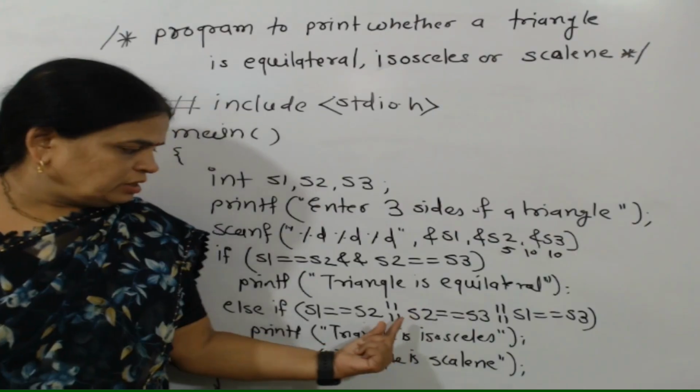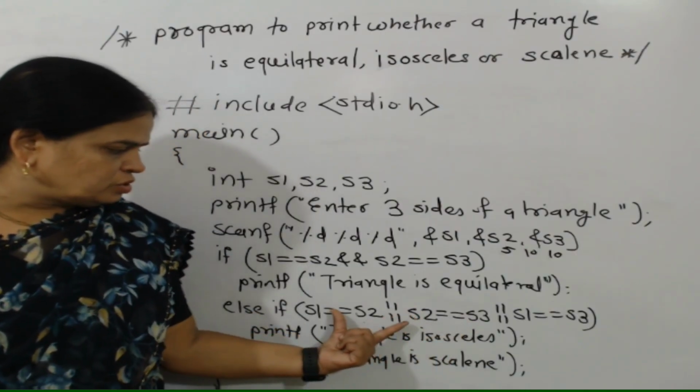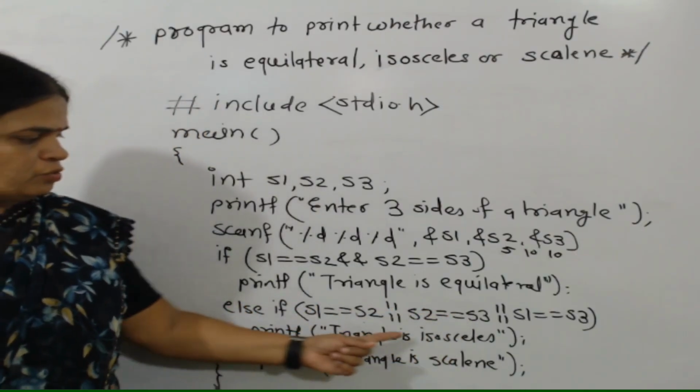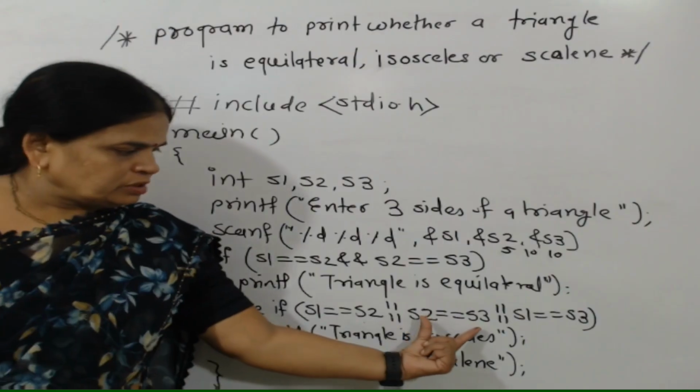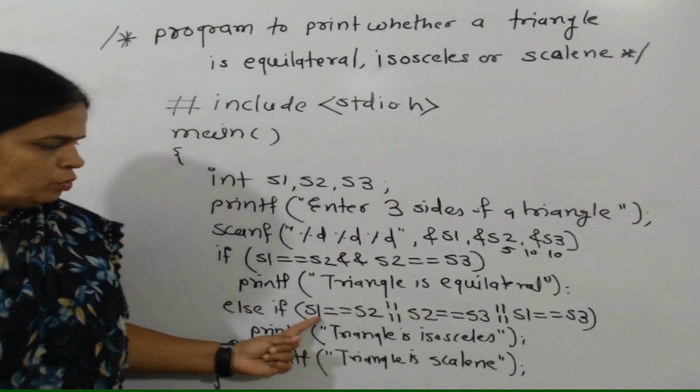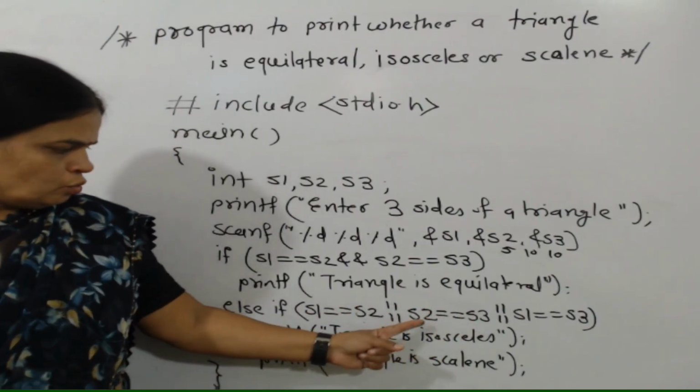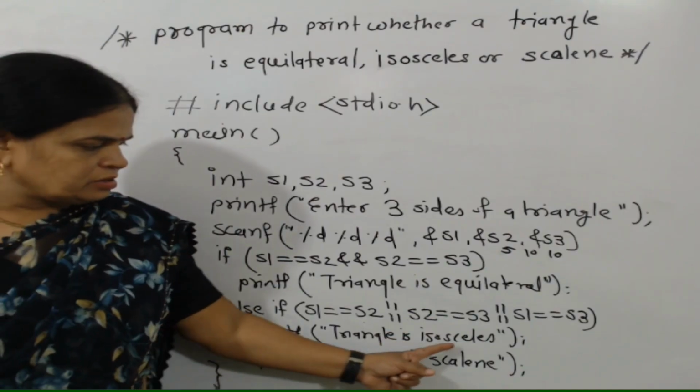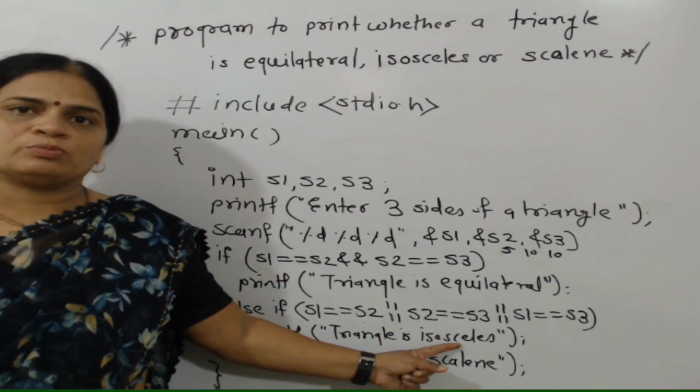And you know that in OR, if any one of the conditions is true, then the complete condition will be true. So S2 equal to S3 is true, which means the complete condition is true. So if it is true, what will happen? "Triangle is isosceles" will be displayed.